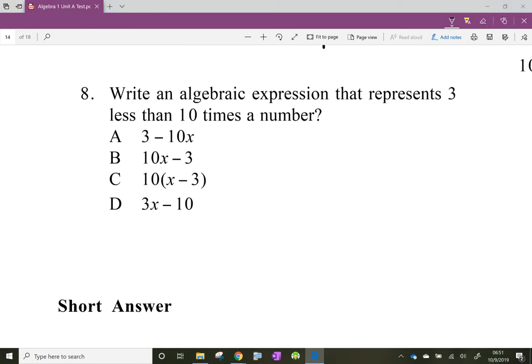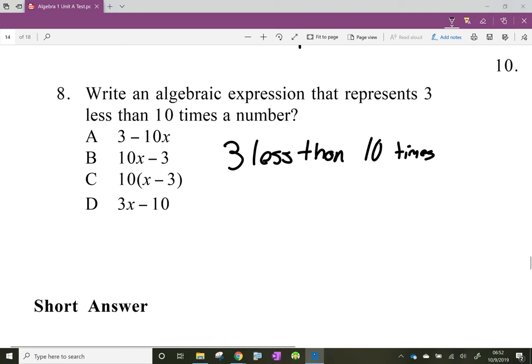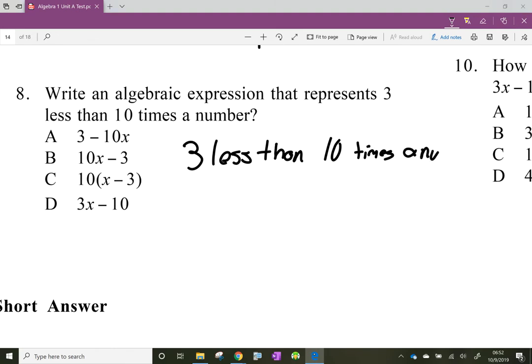Write an algebraic expression that represents 3 less than 10 times a number. I already mentioned this, but when you see the phrase a number, think x. So this is really 3 less than 10 times x. Now, which of these expressions represents that?